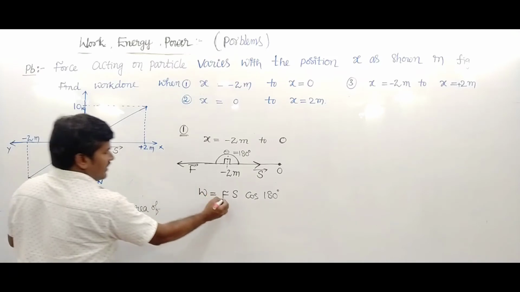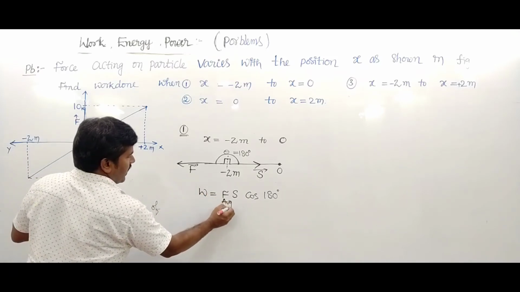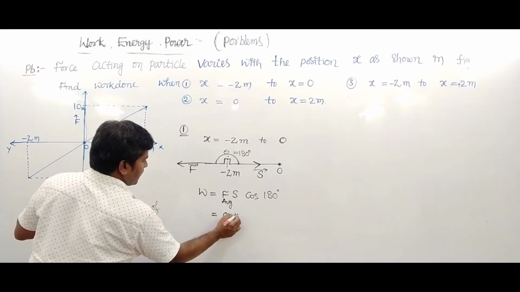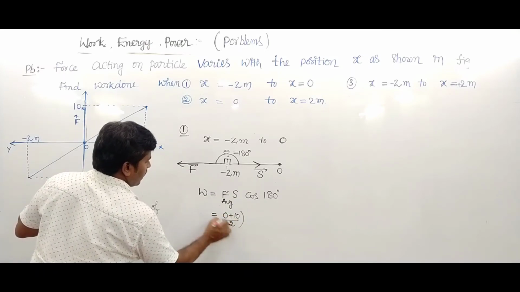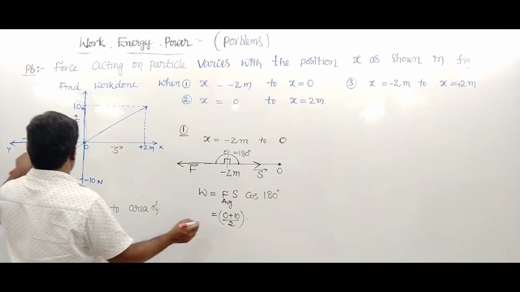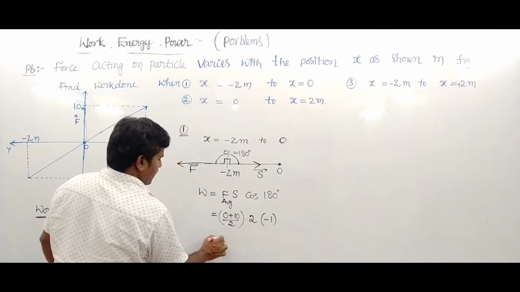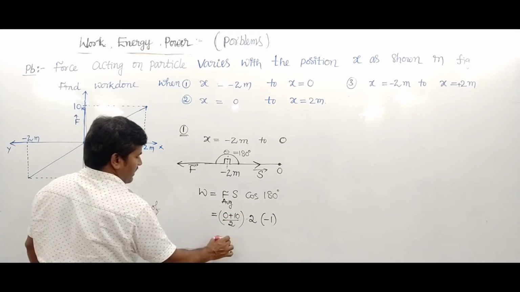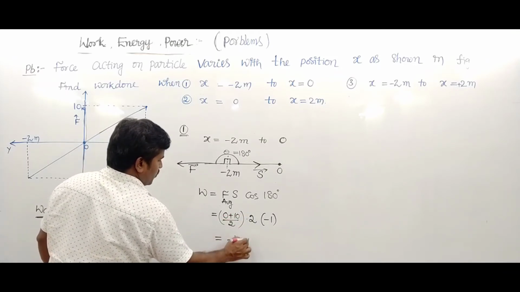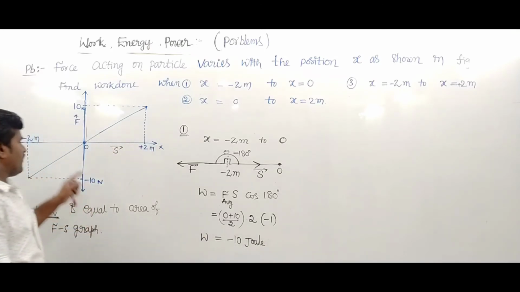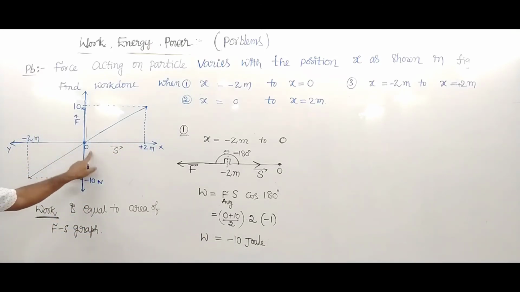That means we consider the average force: (0 plus 10) upon 2 into displacement, which is 2, into cos 180, that is minus 1. Then its value becomes minus 10 joule. This is the work done when the displacement is from minus 2 to 0.